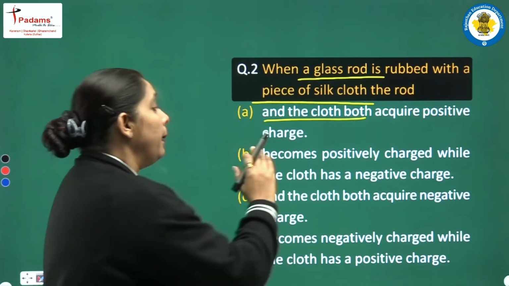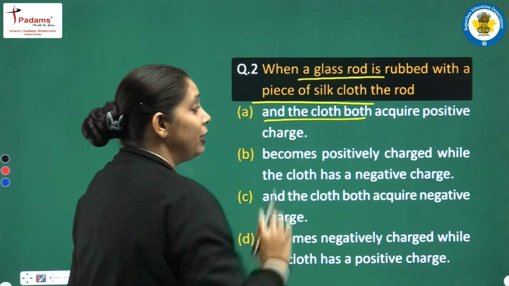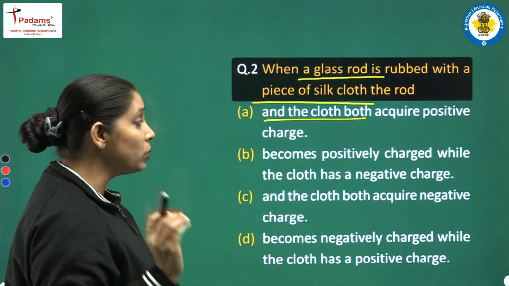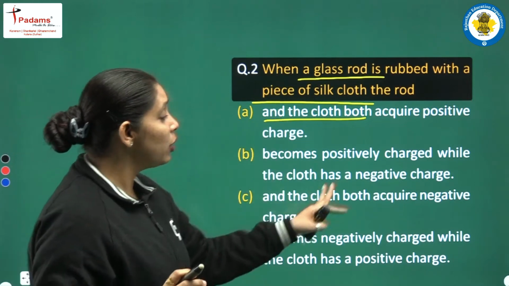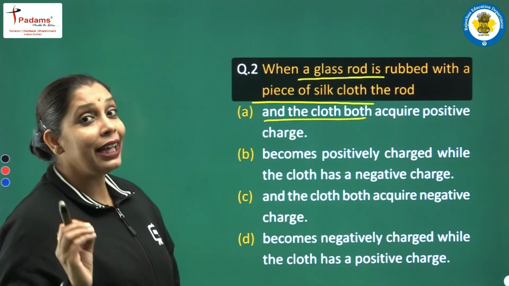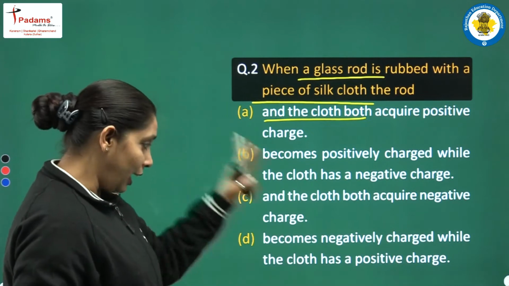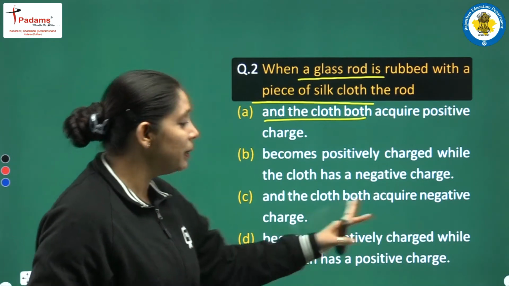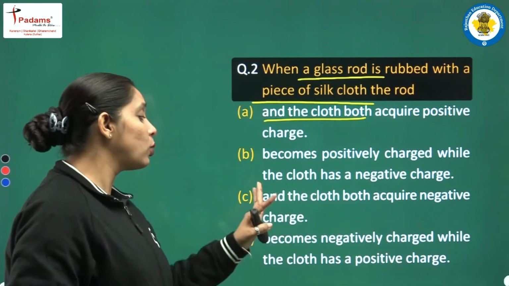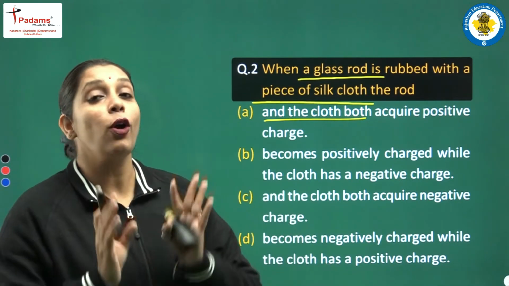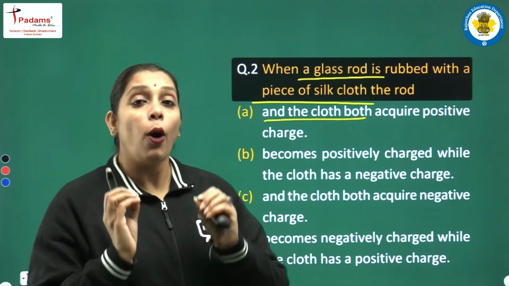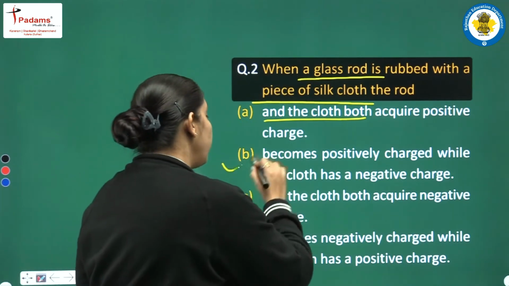Okay, the rod becomes positively charged and the cloth has negative charge. Okay, the rod and the cloth both acquire negative charge. Again, the rod becomes negatively charged while the cloth has positive charge. So after reading all the four option number B is correct.